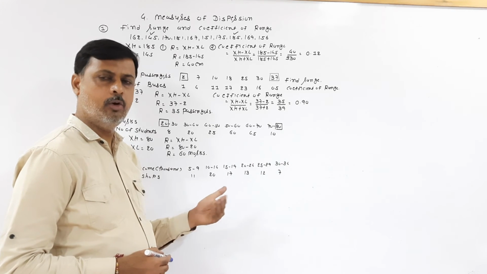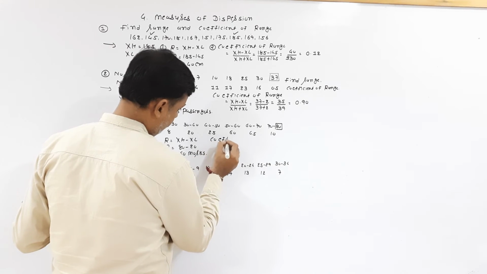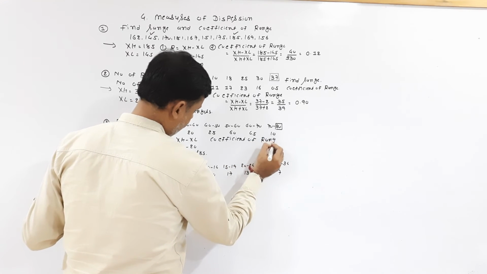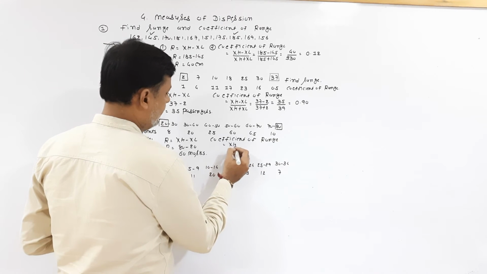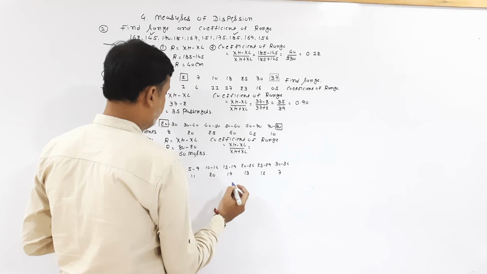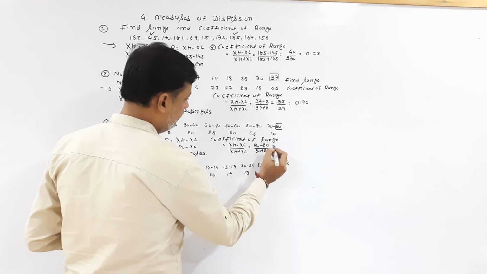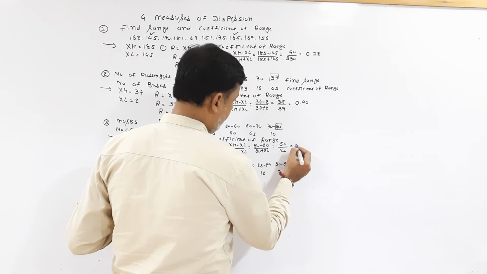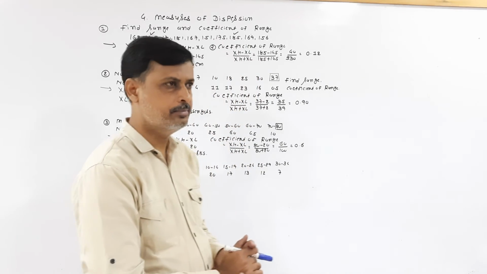Now also we have to find coefficient of range. Coefficient of range, that is XH minus XL upon XH plus XL. 80 minus 20 upon 80 plus 20, 60 upon 100, that is 0.6, or you can say 0.60.